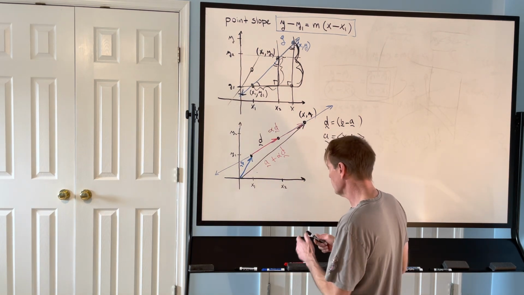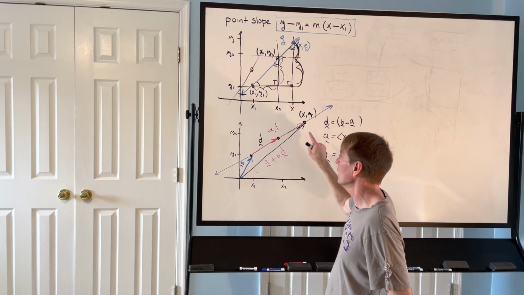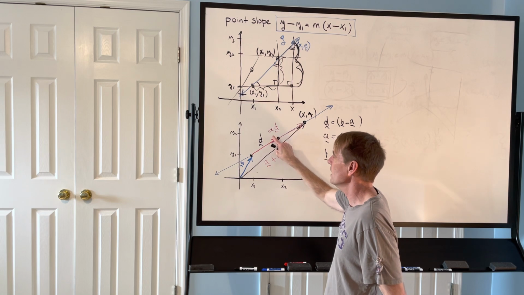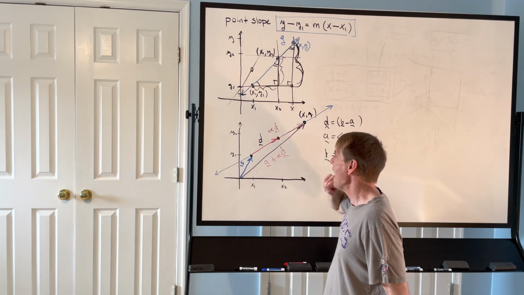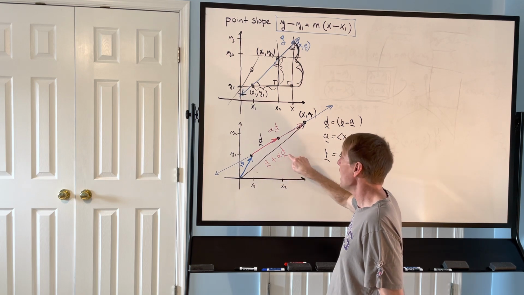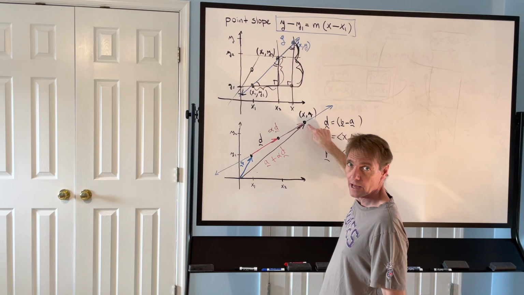Okay, and then what I'm going to say here is that for any point on the line XY, there exists a scalar where A plus alpha D would be a vector that would point to that point.